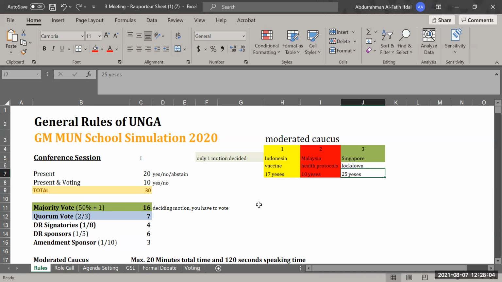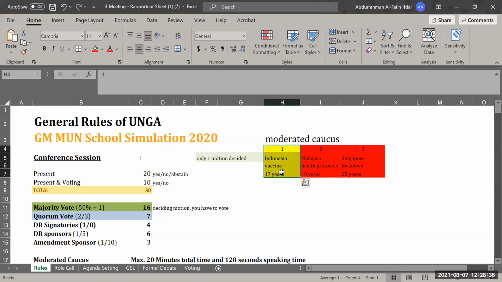This is one of the tricky questions where every batch sometimes struggles with answering it, but Singapore's answer is not the one. So Singapore is not going to pass, even though it gets 25 yeses. Why would that be the answer? Here's the thing. If Indonesia gets 17, and Indonesia is the first country to propose a motion, then the other two countries will not be voted.